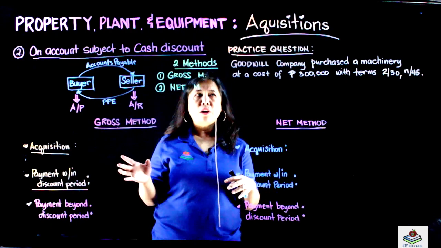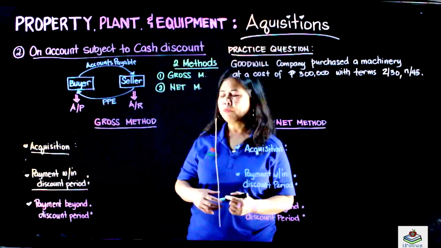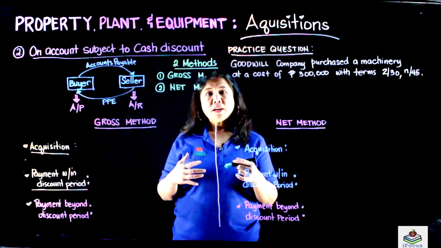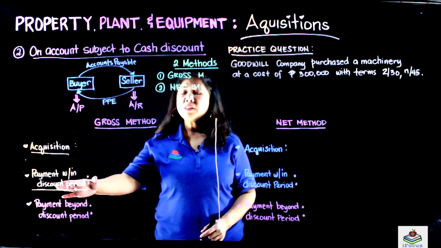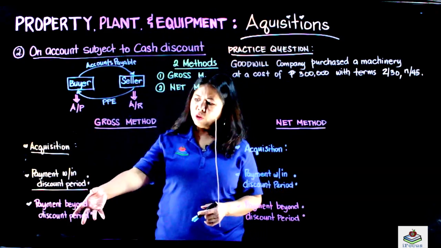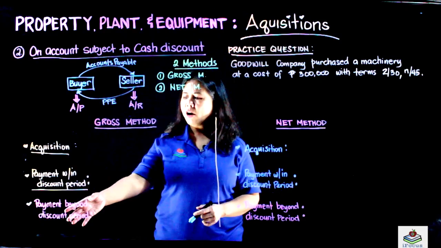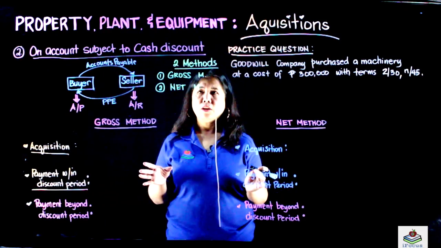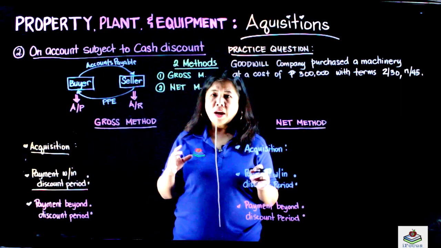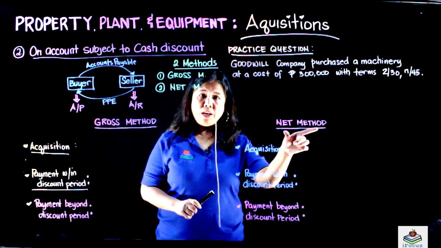Aalamin natin kung ano ang ating journal entry sa acquisition o kapag nagbayad ang company within the discount period, at ano ang journal entry naman natin kapag nagbayad ang company beyond the discount period. Ikukumpara natin ang mga entries na yan using the gross method at ang net method.